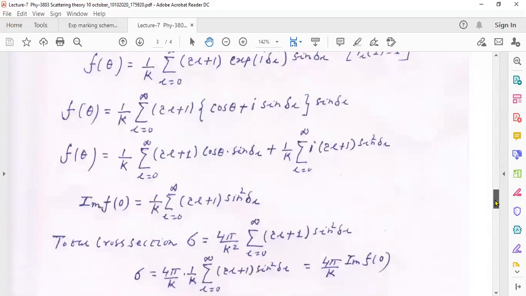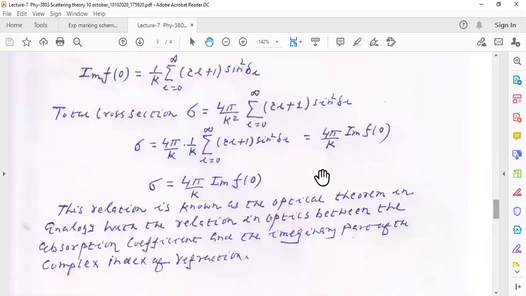So when you write f0 here, this is the imaginary part of f0, and this sigma, the total scattering cross section, is equal to 4 pi over k times the imaginary part of the scattering amplitude when theta is equal to 0. This is known as the imaginary part of the scattering amplitude when theta equal to 0, f of 0. This relation is known as the optical theorem.